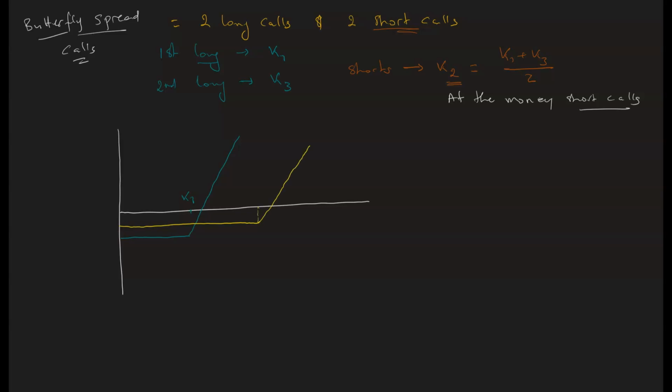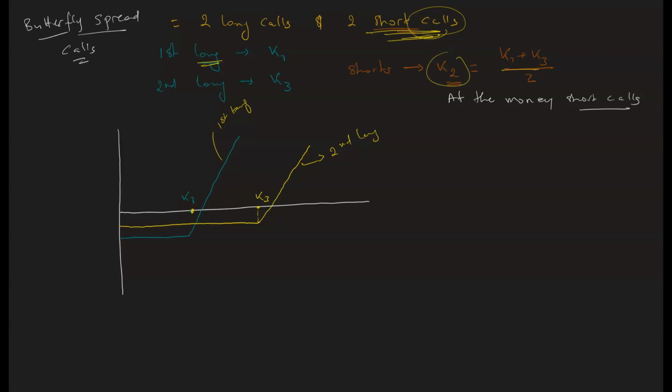So this is going to be our first long, and this is going to be our second long position. Now we said we take the first long position at K1 and the second long position at K3, and we take two short positions in call options still at the strike price of K2.